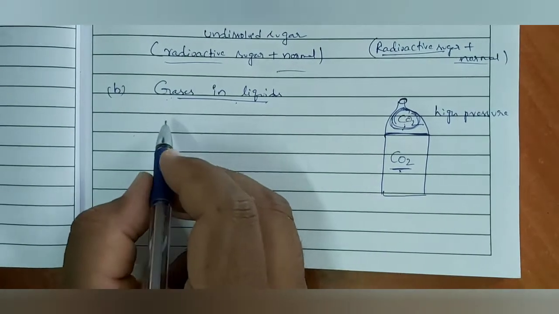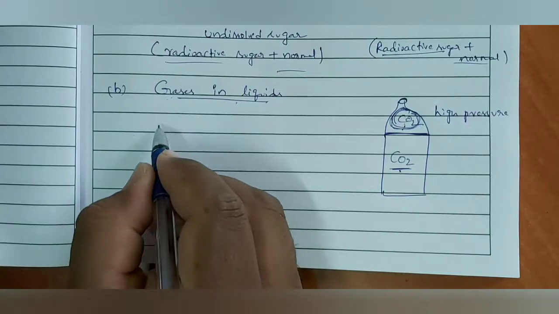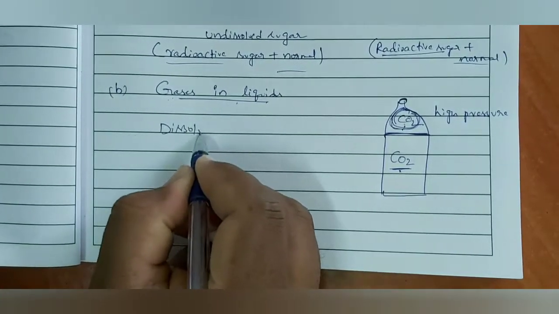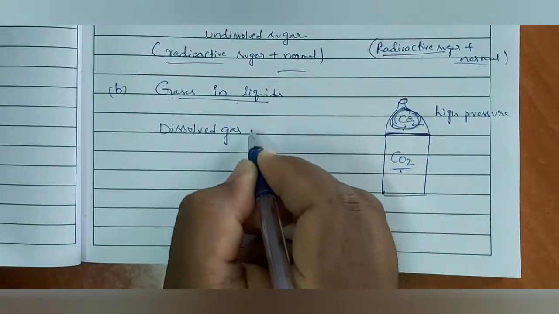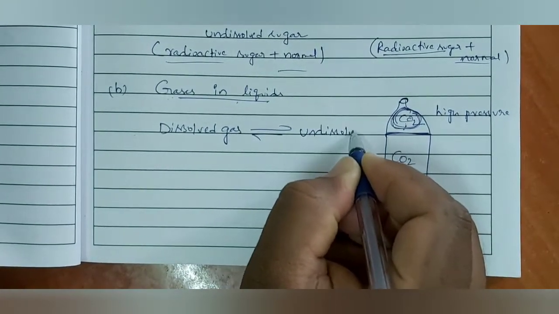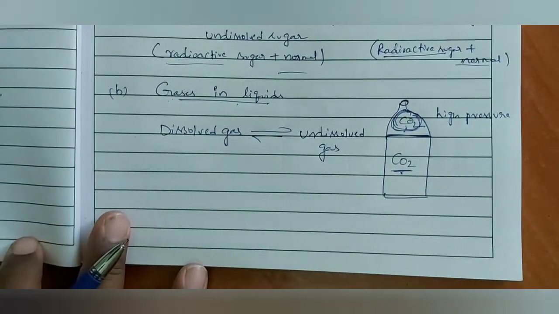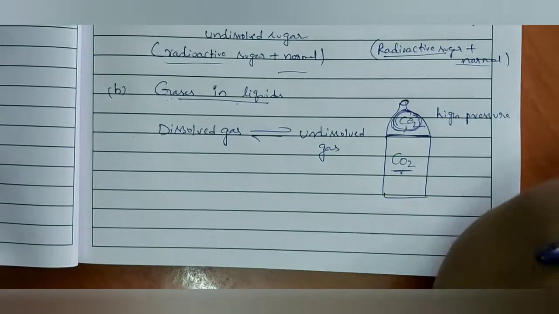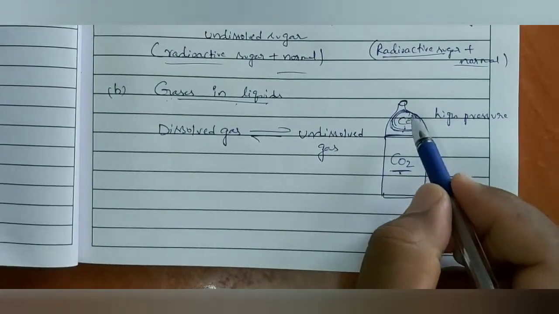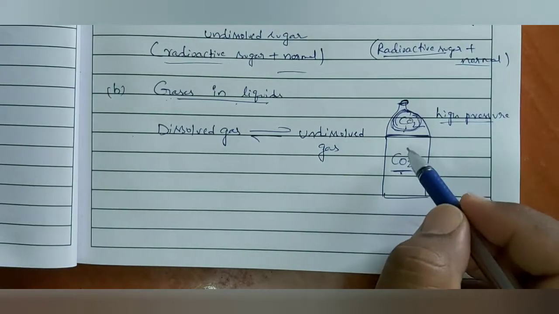So between which gases is equilibrium established? Dissolved gas is in equilibrium with undissolved gas. As long as the mouth is not opened, at high pressure, this will be like that only.